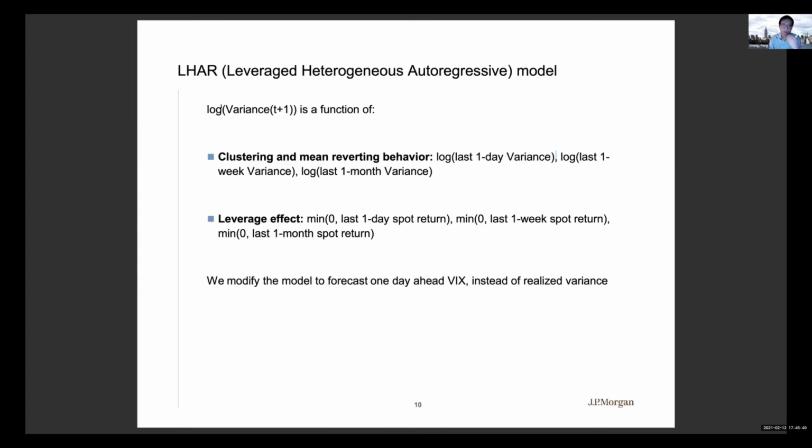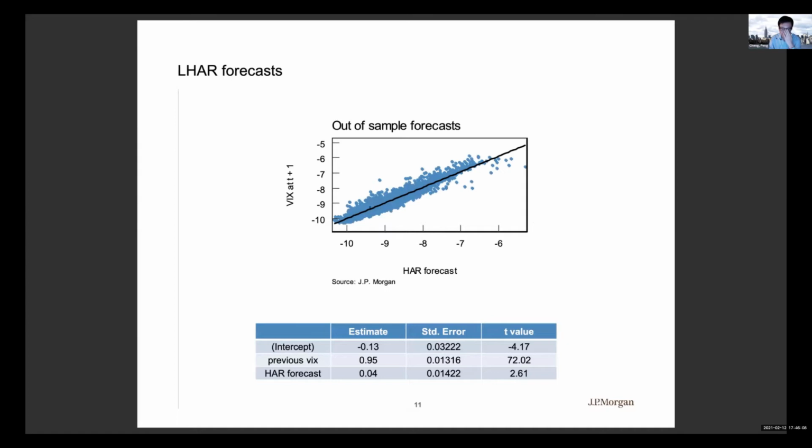So it's basically a regression of day-ahead variance against historical variance and historical returns over various look-back periods. Now, of course, over here we're interested in forecasting the VIX, not the realized variance. So we substitute the VIX for the realized variance. And statistically, it actually does really, really well.